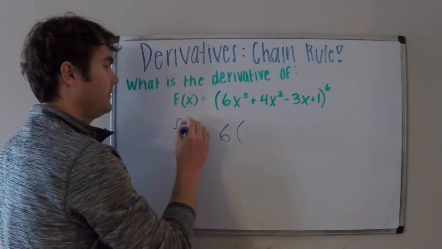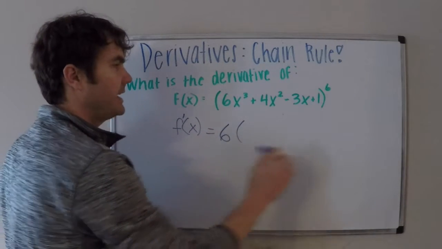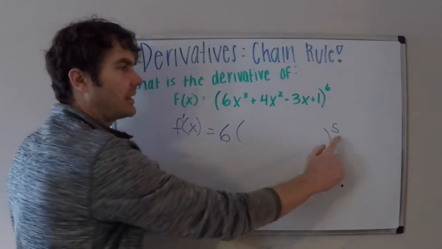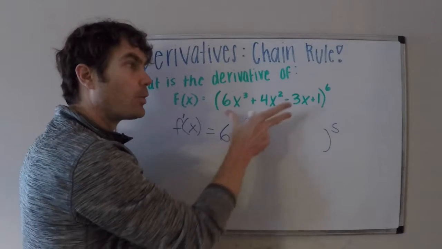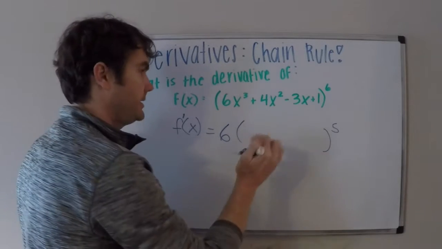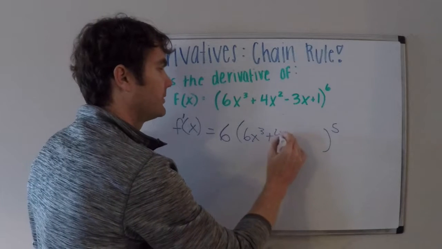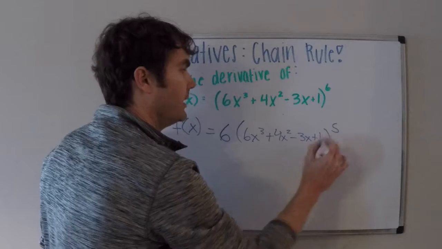I'm going to write f prime of x equals, the 6 out to the front, and we're going to subtract the exponent by 1 just like normal. Now what do we do in here? Rewrite this exactly as is. So this just becomes 6x cubed plus 4x squared plus 3x plus 1.